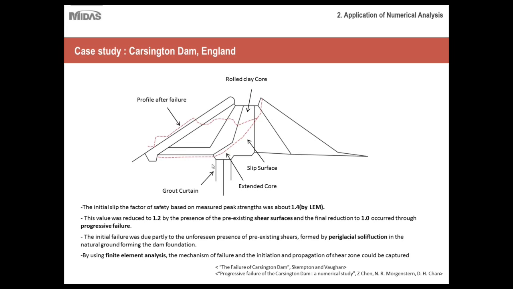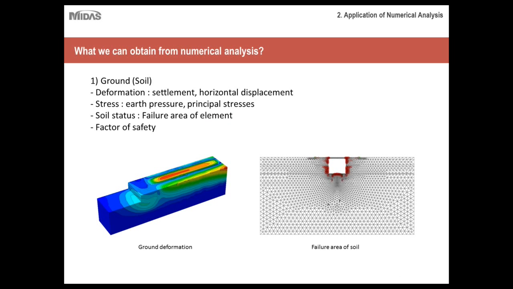That's one shortcoming of the limit equilibrium method, it assumes, for example, that the water level will stay the same and that there aren't any internal shears caused by periglacial solifluction or any other factors. Once engineers realized that finite element modeling can account for these factors, it started to take greater precedence. More engineers started using it for their analyses. This is just one of many instances in which finite element modeling was shown to be a very valid and a very useful solution.